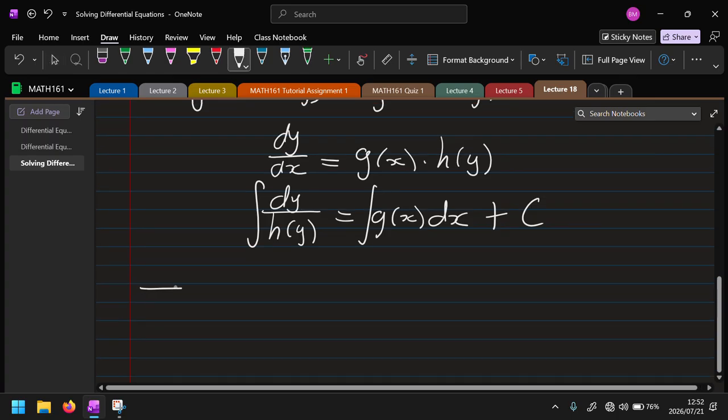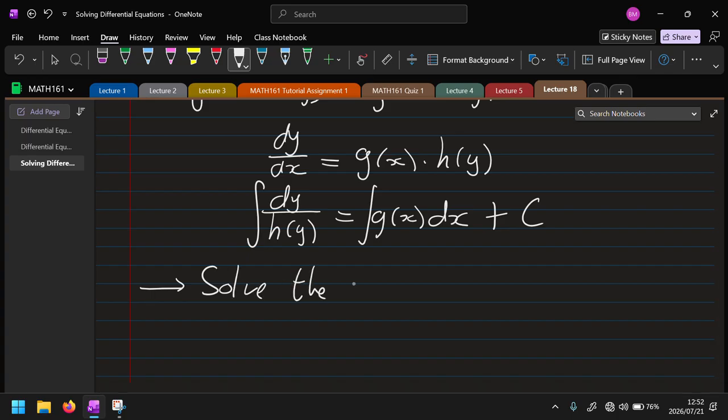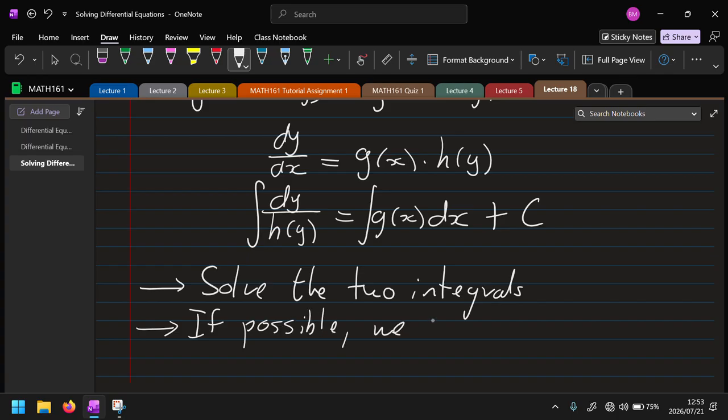So the next step is to solve the two integrals, and if possible, try and solve for y. In my previous email, I put a big warning about the integration techniques coming up.